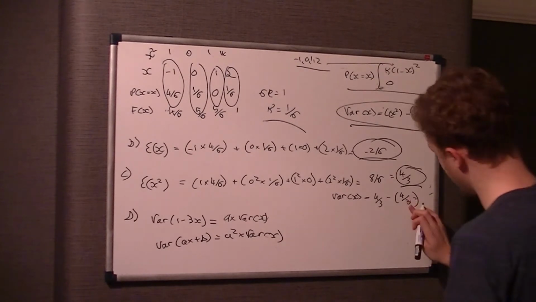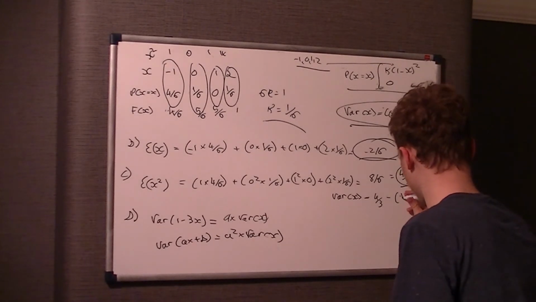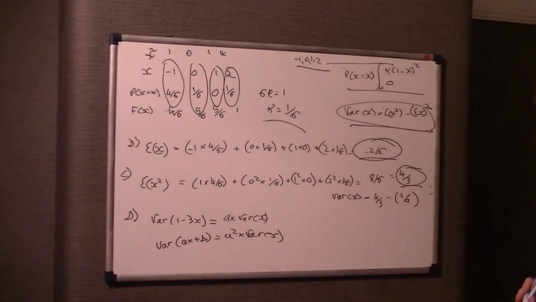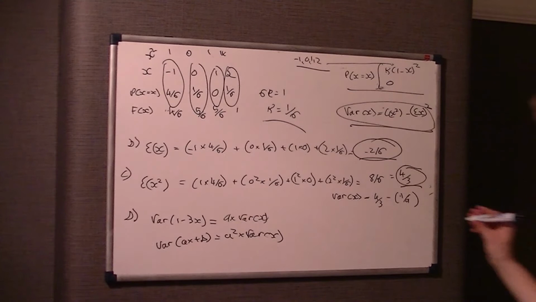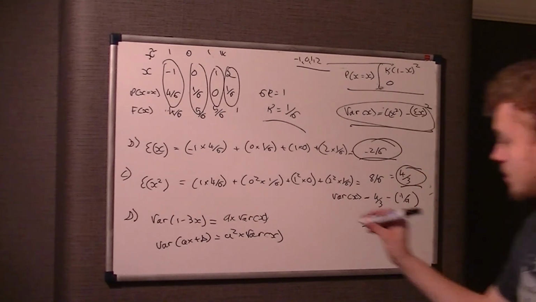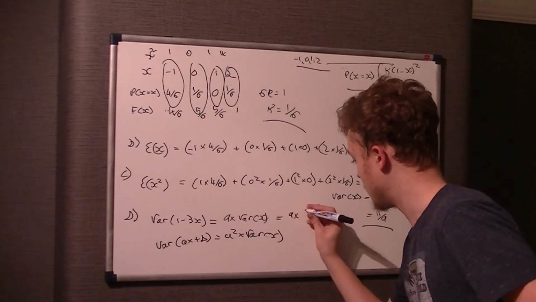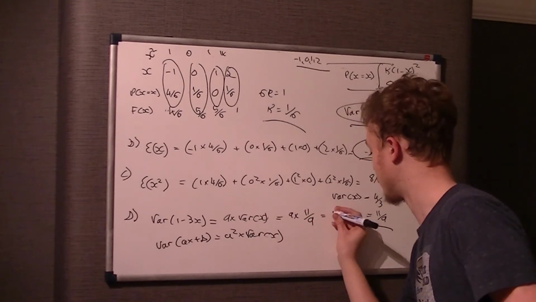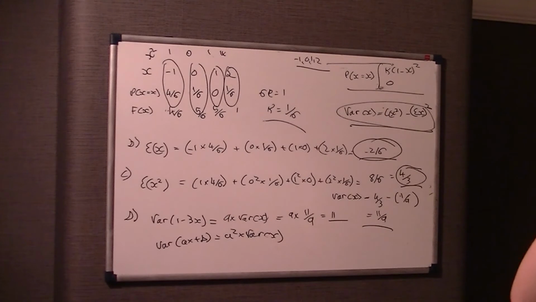That cancels down to 1/9, so it's 4/3 take a ninth, and that gets you 11 over 9. That's the variance of x, so it's 9 times 11 over 9, which you don't need to calculate, just 11. Okay, so that's question 1.